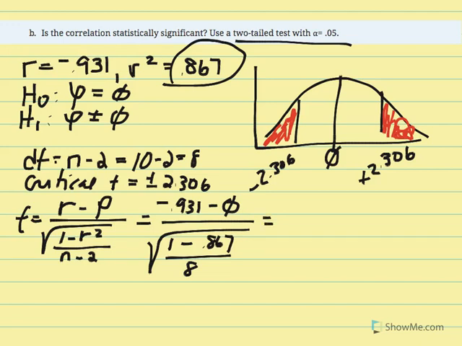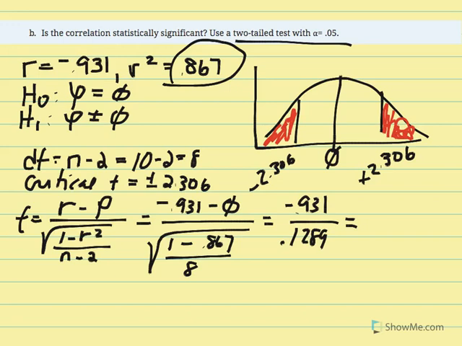Okay, so let's simplify this. We have negative 0.931 over, our denominator now is represented as 0.1289. That's what the denominator is equal to. So 1 minus 0.867 divided by 8 and take the square root. We get 0.1289.